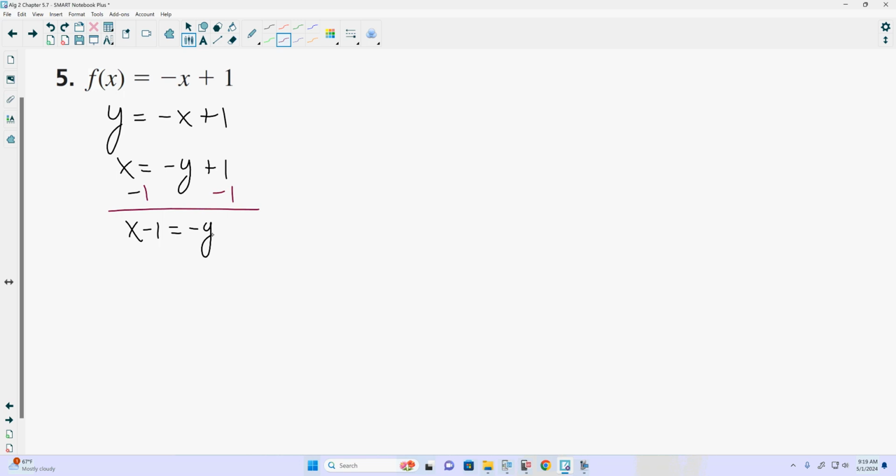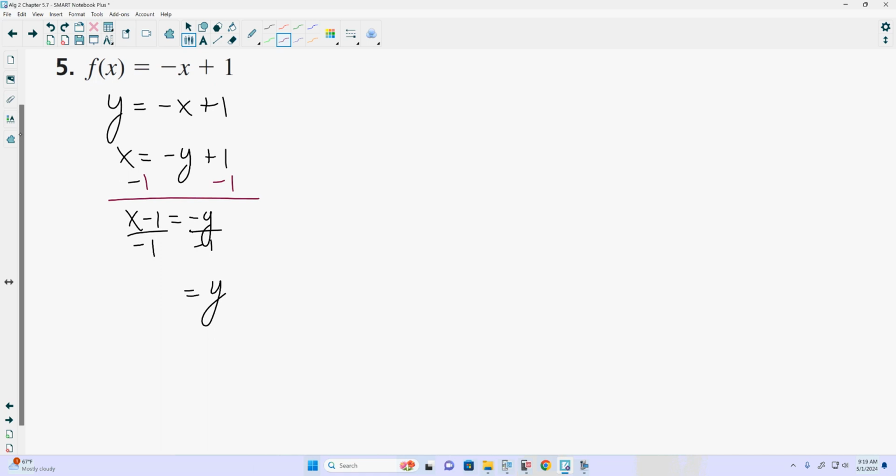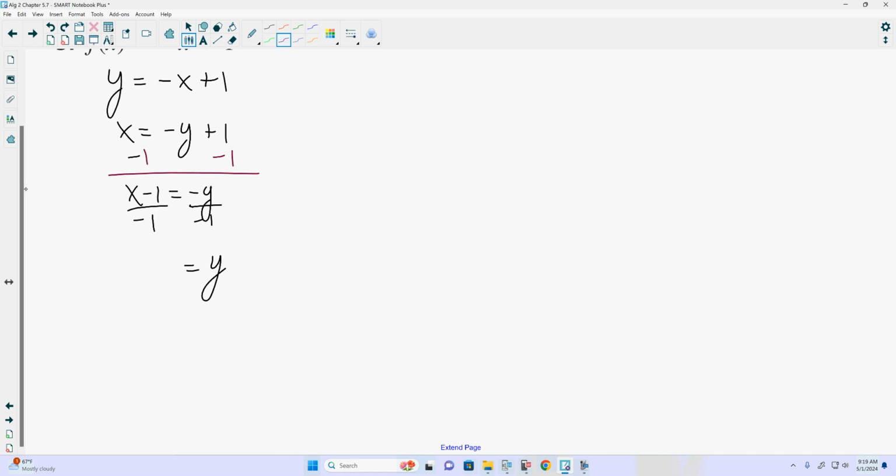Yes, we can divide by negative 1 or multiply by negative 1. Both work. Now, here, negative y divided by negative 1 is y. Now, we don't leave x minus 1 over negative 1. That's just an odd way to write a number.